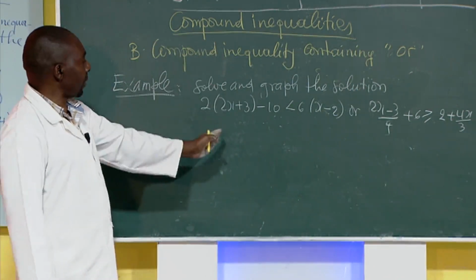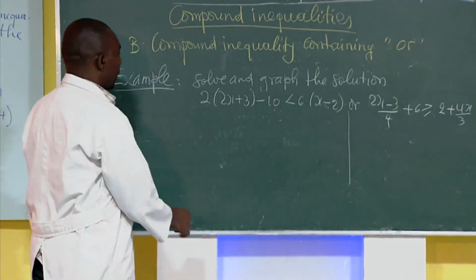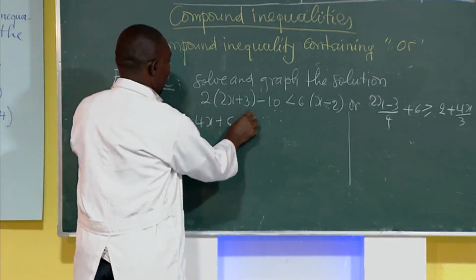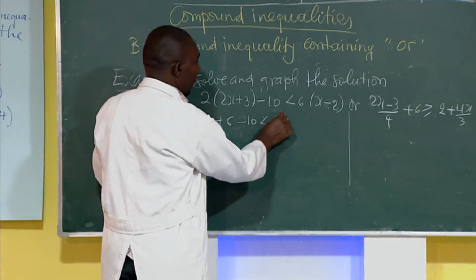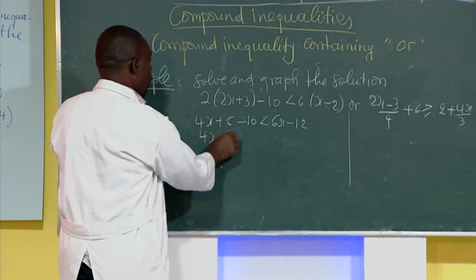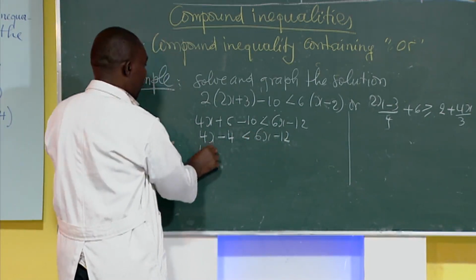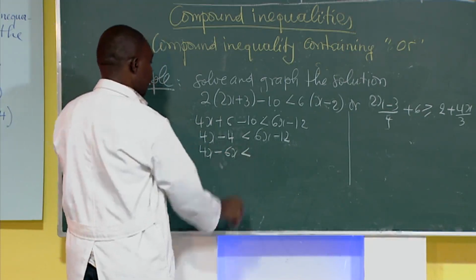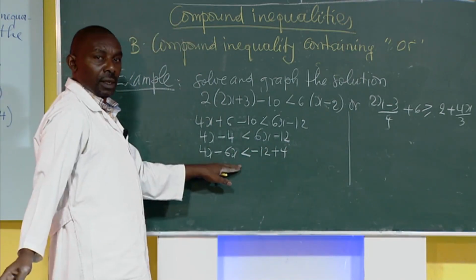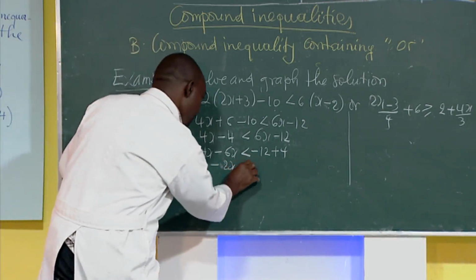As we did for the previous exercise, we solve these inequalities separately. So here we have 4x plus 6 minus 10, which is less than 6x minus 12. 4x minus 4 is less than 6x minus 12. 4x minus 6x is less than minus 12 plus 4. Are we together? Thank you. So we have minus 2x less than minus 8.